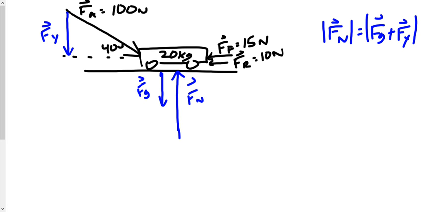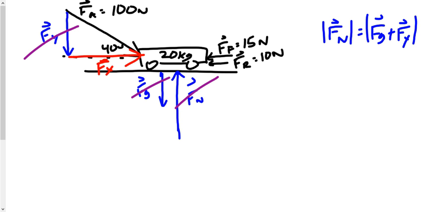All right. In the end here, that cancels with that and with that, so it doesn't really matter. What do we have left? Well, we've got the x component of that applied force, and we've got the force of friction and the force of resistance. So let's get Fx.